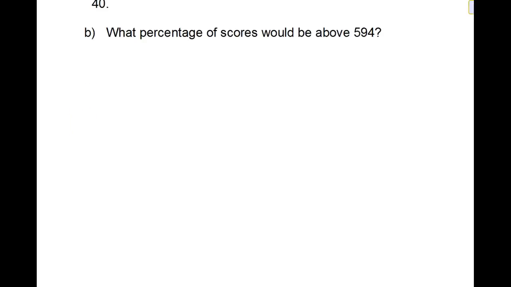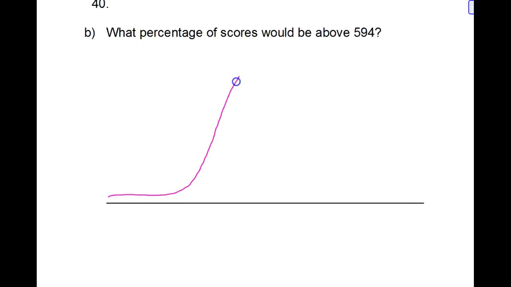So in this case, if I start out by drawing my histogram, and I put 514 in the center, because that's my mean, I can calculate my 1, 2, and 3 standard deviations away.